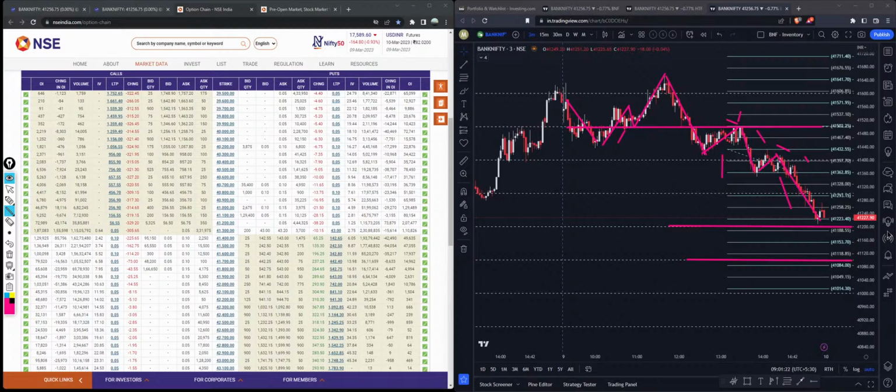Now there is another data point for why I'm saying 41,200, 41,100 and 41,000: if you look at the option chain on the right. What caught my eye was this zone of 41,000 to 41,500, so let me get the rectangle tool. I was looking at the OI and the change in OI.